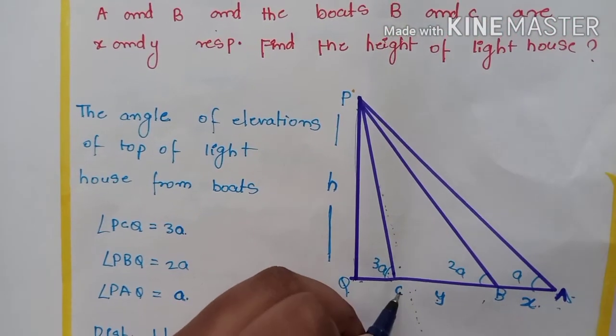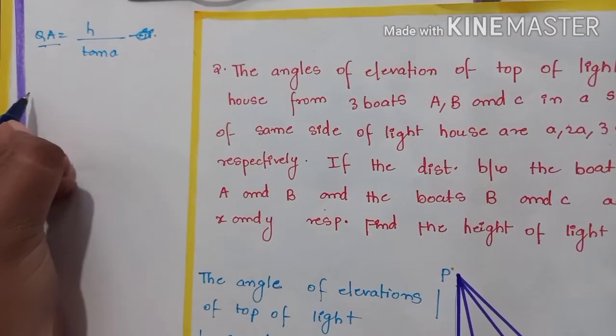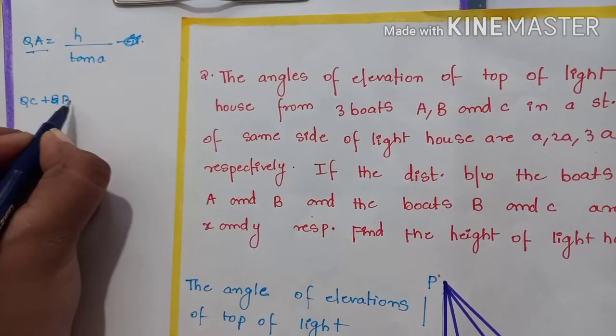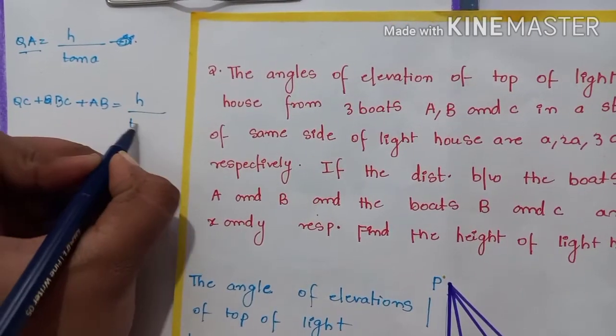QA is QC plus BC plus BA. Now write this QA by splitting terms, that is QC plus BC plus AB, which is also equal to h by tan A.